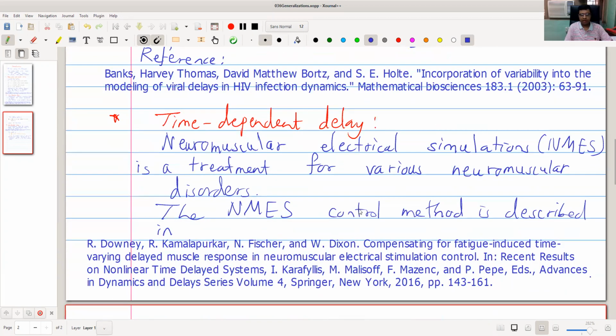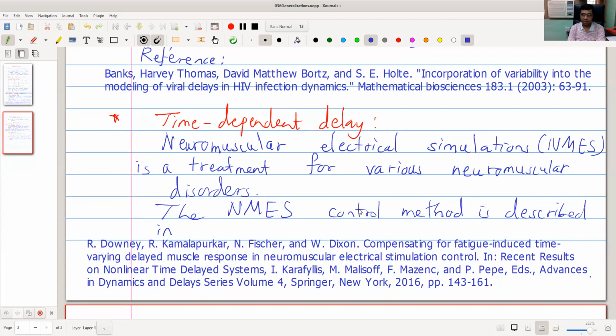The next type is time dependent delay. When we consider x dot of t equal to f of x of t minus tau, we take tau as a constant. In general, we may take tau equal to tau of t, meaning tau is a function of time. Such equations are called time dependent delay differential equations. Here is one example: neuromuscular electrical stimulation, that is NMES, is a treatment for various neuromuscular disorders.